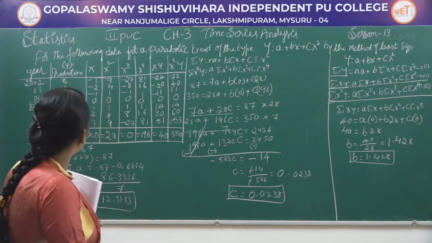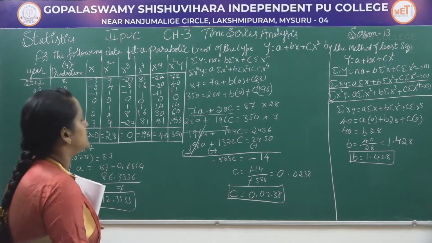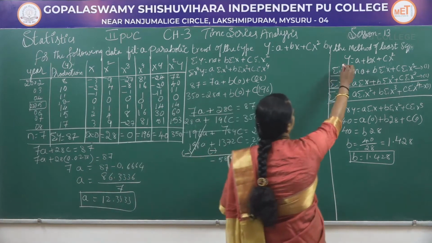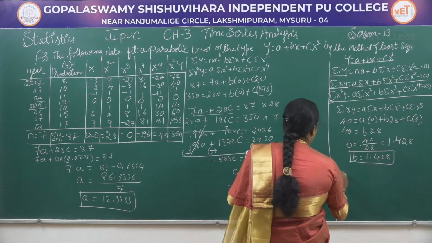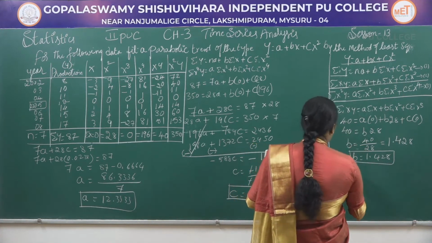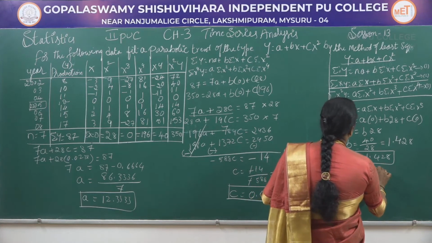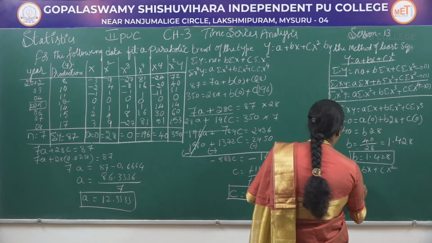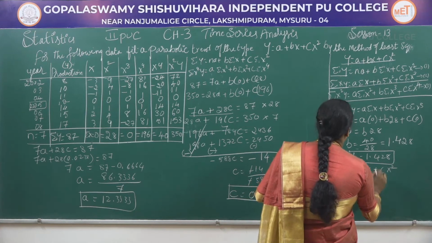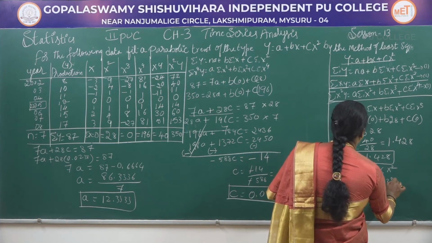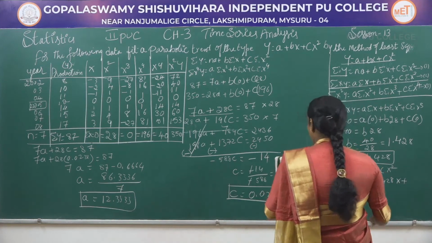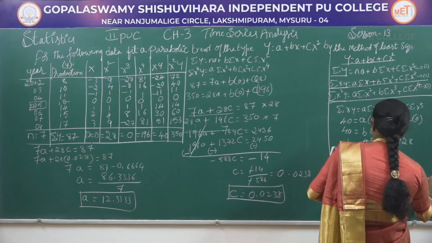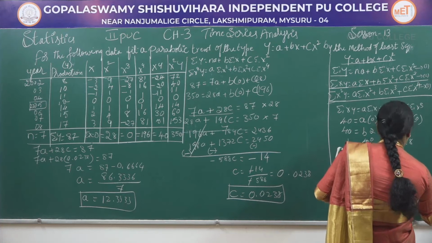Now substitute the constants a, b, c in the parabolic equation, y is equal to a plus bx plus cx square. So y is equal to 12.3333 plus 1.428 into x plus 0.0238 into x square.